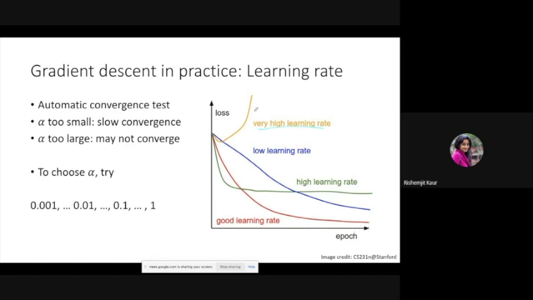That's a signal that we do not want such a high value of learning rate, such a high value of alpha, because setting its optimal value is very important. Generally, we try different values of alpha and observe its curve. If it is very high, you will see diverging behavior. If it is a low learning rate, you will see that the loss is decreasing with respect to time, but the convergence might be very slow, right?